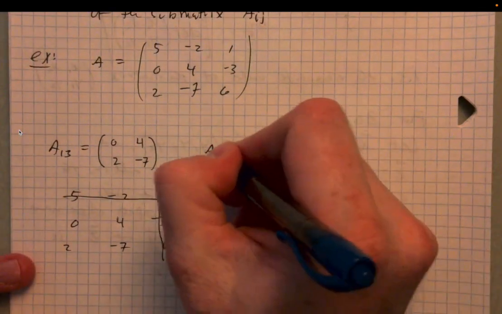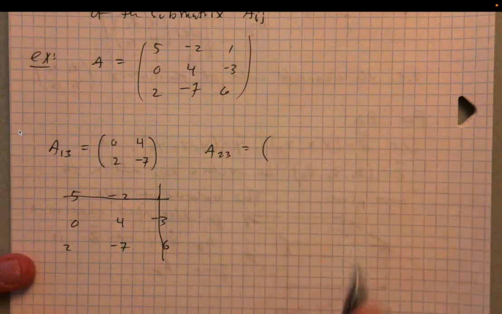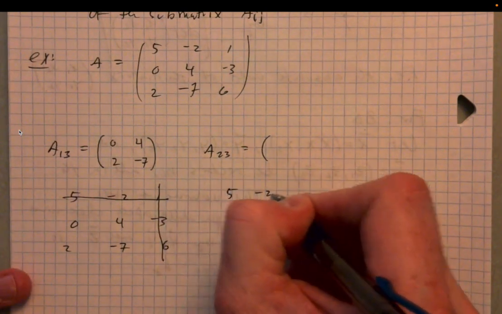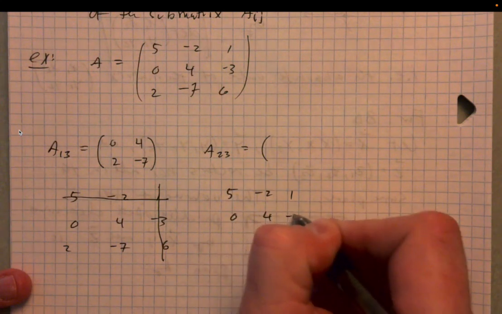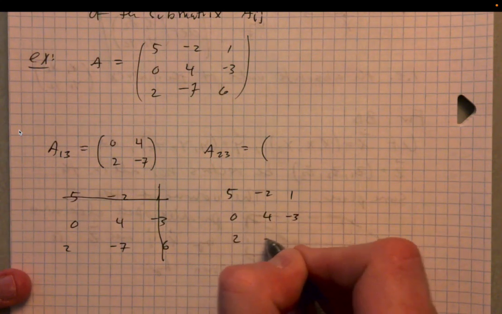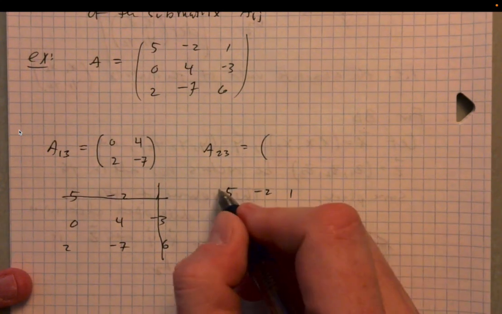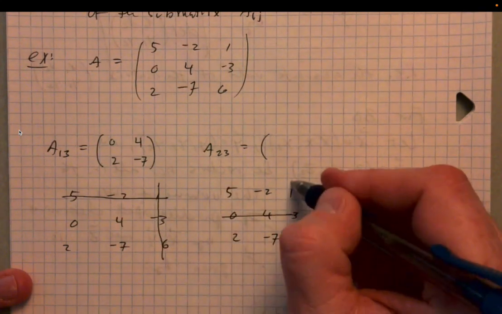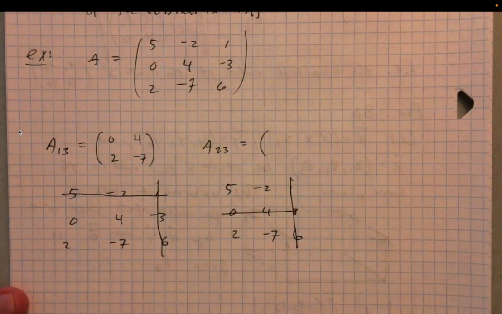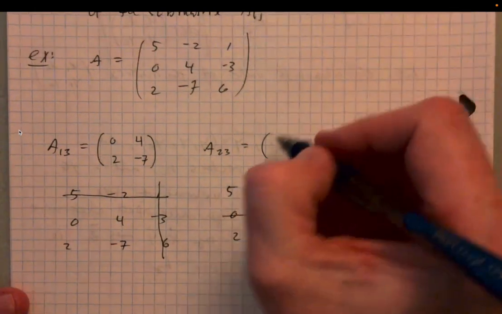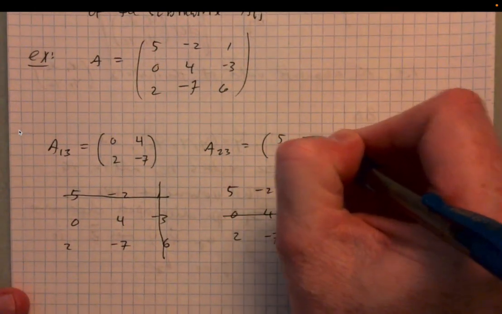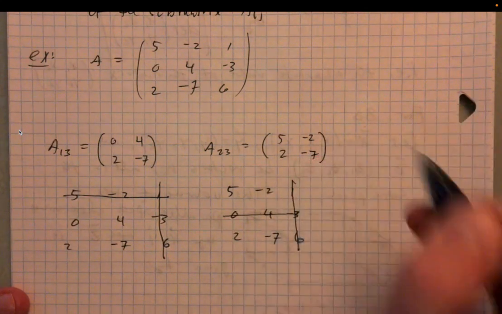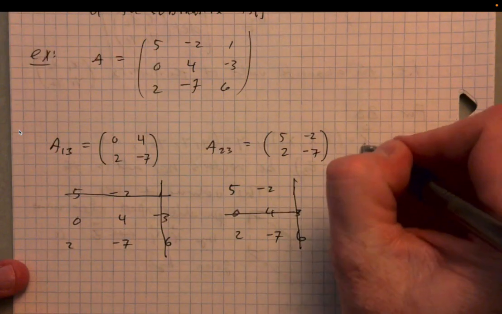Okay, what about the A23 submatrix? In the same way, you can think about having the entire matrix A, but then blocking out the second row and the third column. What remains is the submatrix, so 5, -2, 2, and -7. What about A33?